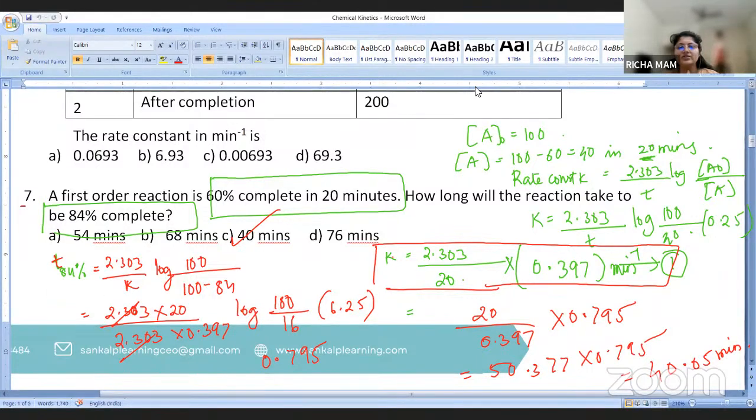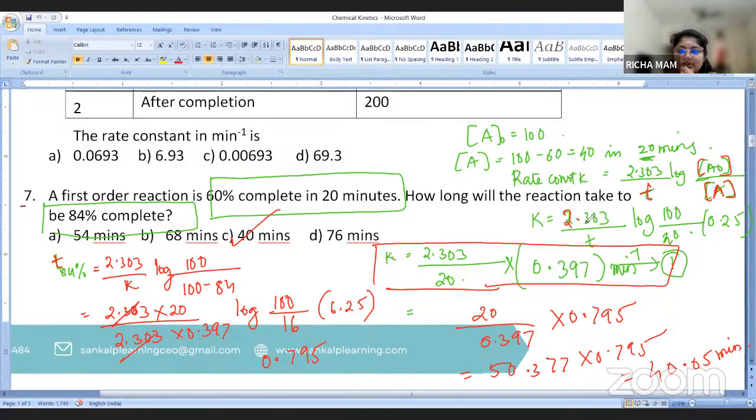So what have we done? We have written the given things: initial concentration, final concentration, and time taken. We have written the rate constant K equals 2.303 by T log of A naught by A, concentration of A naught by concentration of A. Then put in the values.